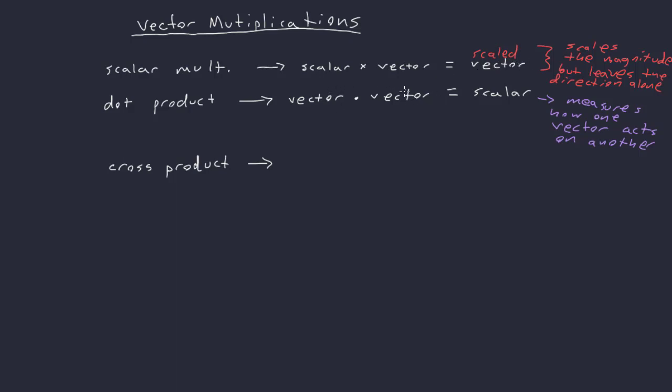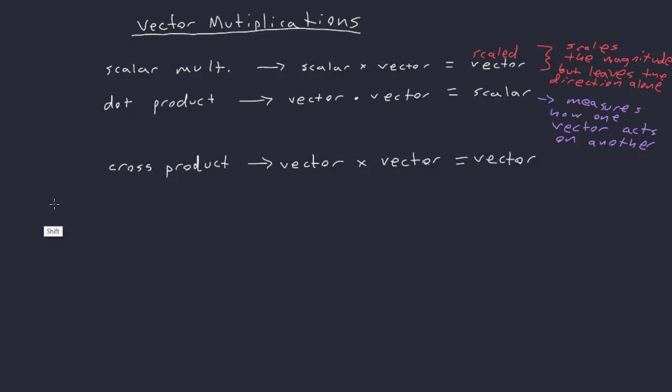Here we do have two vectors, but it spits out a scalar, not a vector. In this case, we do take two vectors, so a vector times a vector, and we get a vector. However, there is some funkiness to it that makes it not 100% how we usually think about multiplication.